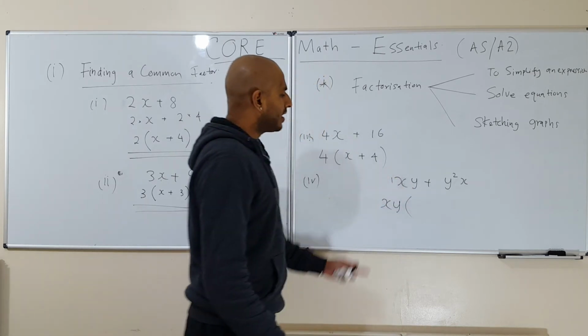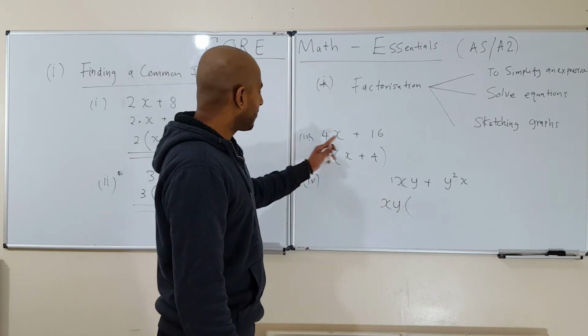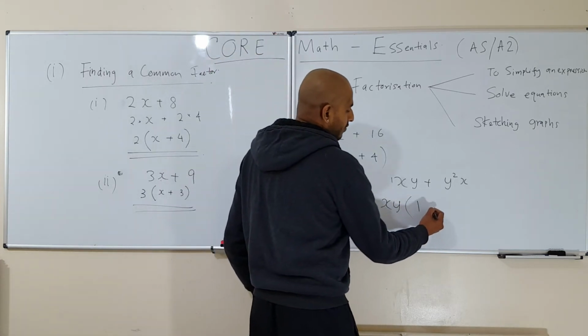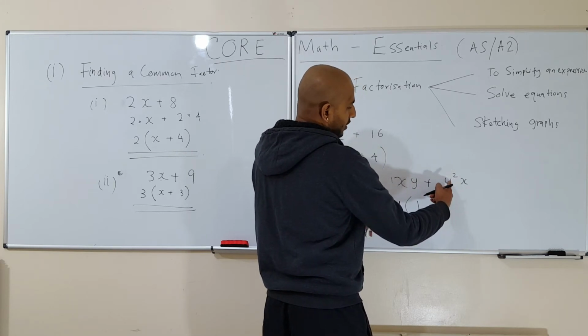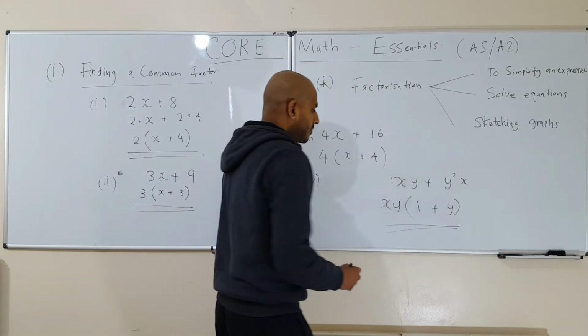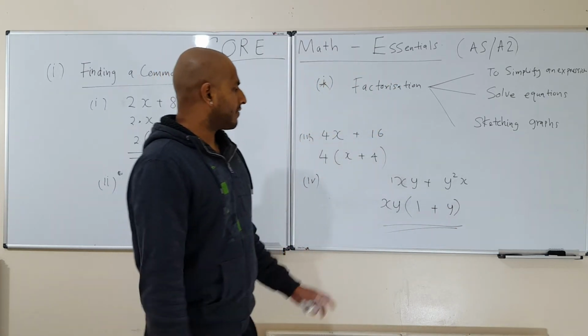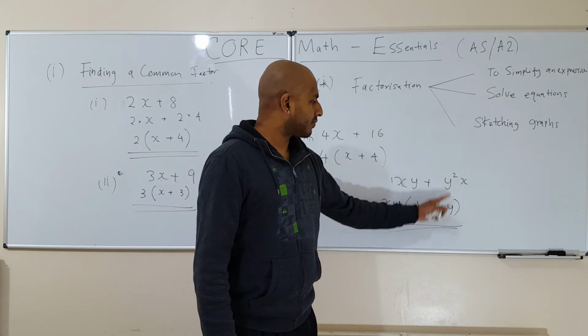What you did here basically is xy divided by xy, so you're going to get 1. Same as before, you got 1 here, 1 plus x is taken, and one of the y's is taken because y squared divided by y will be y. And again, you can justify yourself: xy times 1 is xy, xy times y is y squared x.